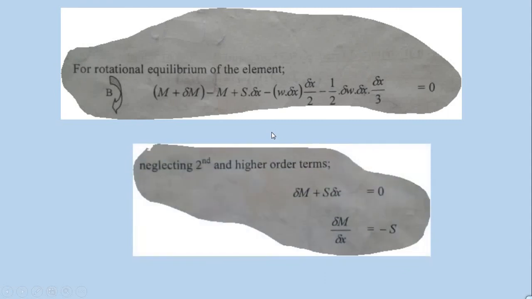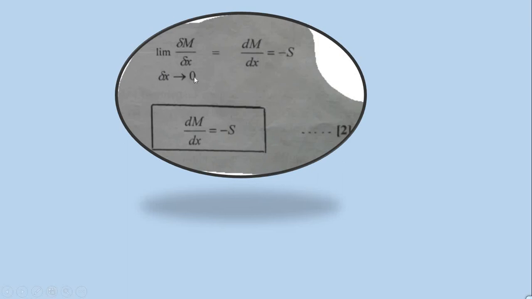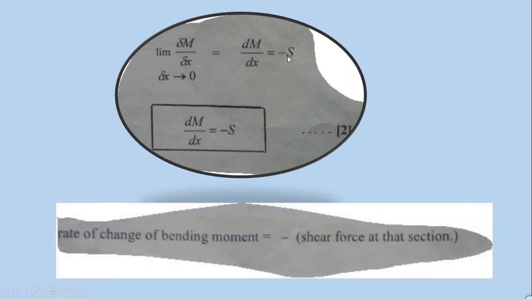So by neglecting that part, we can write delta M over delta X is equal to minus S. That means when delta X limit 0, dM over dx is equal to minus S, which is the rate of change of bending moment is equal to minus the shear force at that section. Now you have derived the main relationships between distributed load, shear force and bending moment.